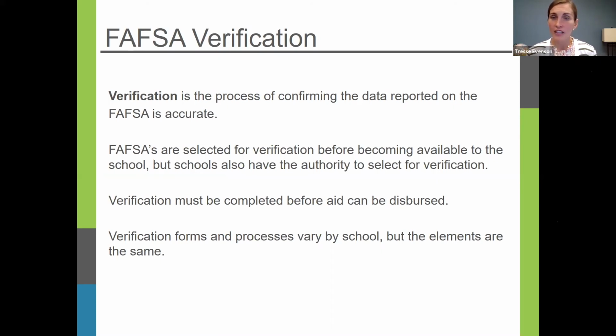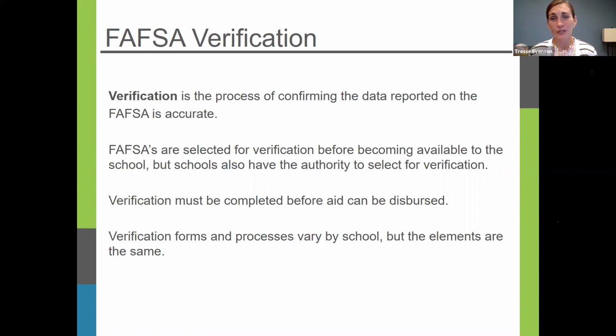So as the FAFSA comes to the school or schools you listed, it's got a code on it that tells us this FAFSA was selected for verification. And then it's the school's responsibility to verify the data that was reported is accurate. And we're verifying income information, household size, some but not all of the information that you reported.